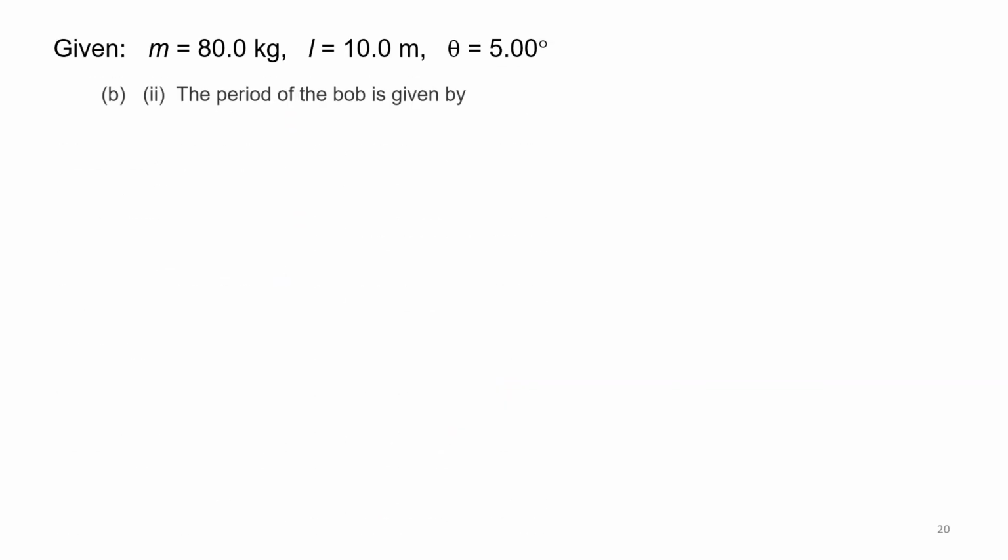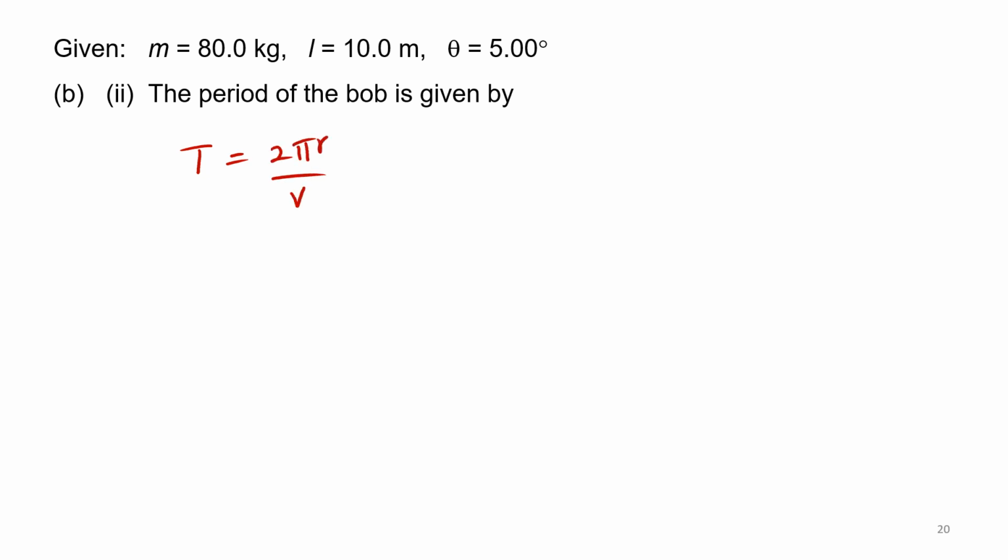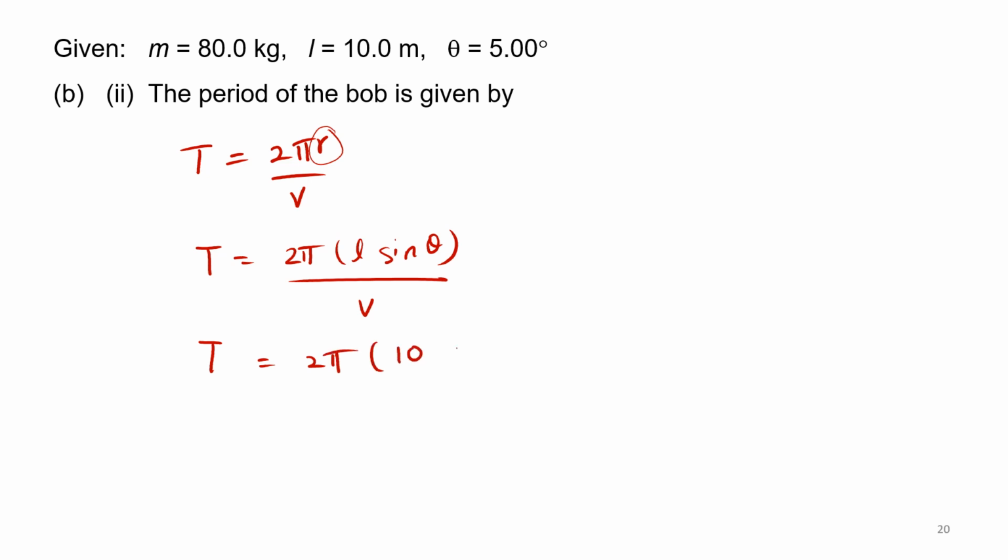Okay, next question B2, the period of the bulb. So the equation of period, T is equal to 2 pi r over V. So we will substitute the expression of r here in terms of L. So T is equal to 2 pi L sine theta divided by V. So T is equal to 2 pi, L is 10 meter, sine 5, divided by V, which is 0.87.